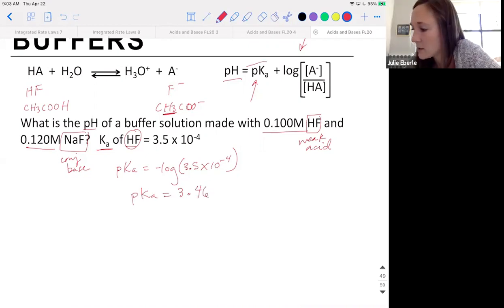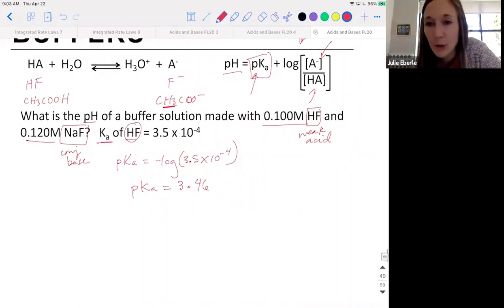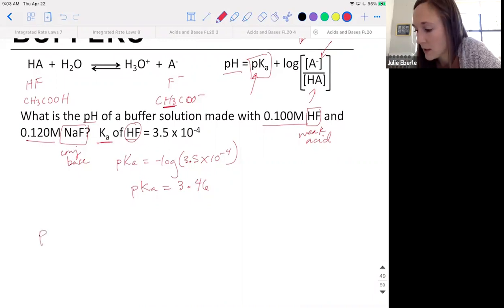All right, so we've got this piece. And guess what? We already have these concentrations. They're given to us. So anytime you're just calculating pH of a buffer before anything is added, like a strong acid or a strong base, all you do is you calculate pKa and you plug everything into Henderson-Hasselbalch. So here's what that looks like. pH equals, now I'm going to plug in my pKa, 3.46, plus the log.